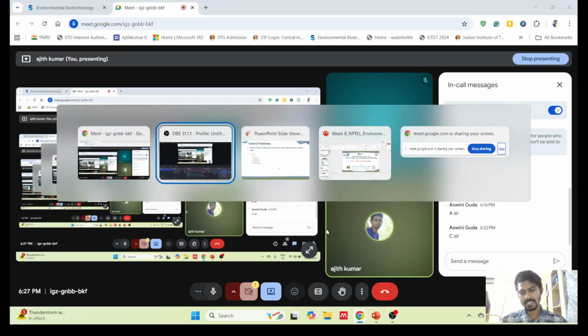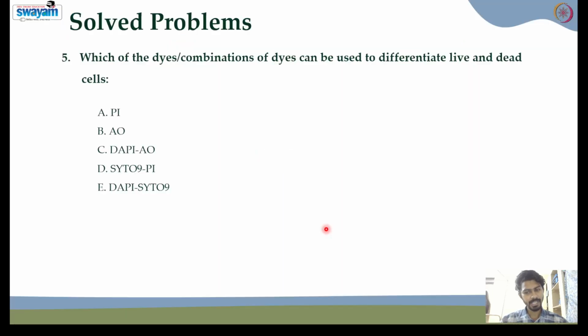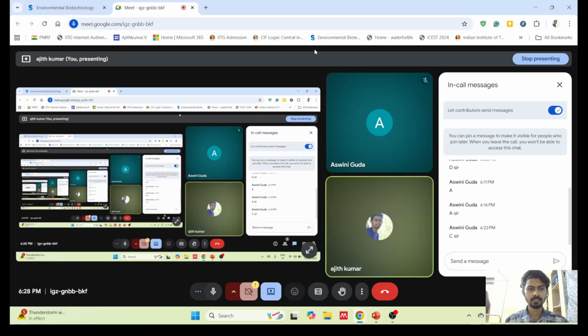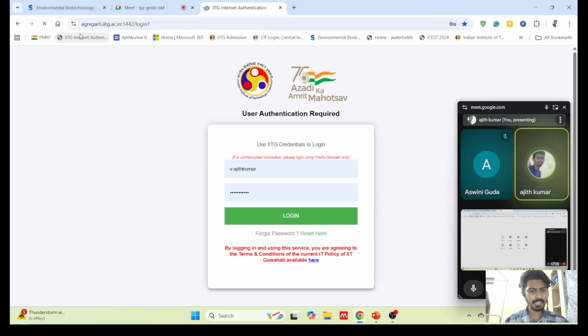Your answer is, you can take time. So, which of these dyes or combination of dyes used to differentiate the live and dead cells? You can post your answers.